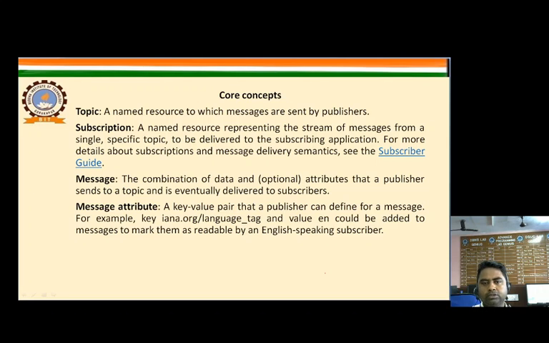A named resource to which messages are sent by publishers. A subscription is a named resource representing the stream of messages from a single specific topic to be delivered to the subscribing application. For more detail, you can see the given link.